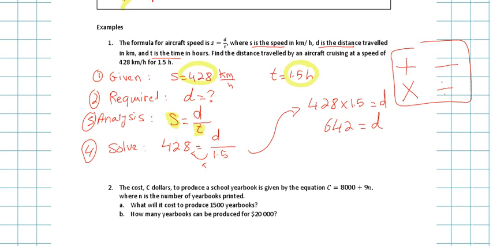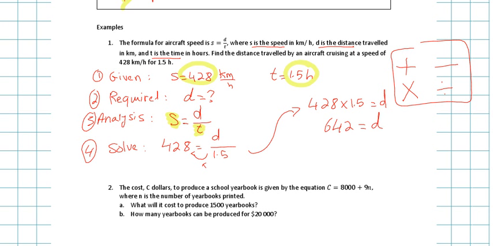When you are solving word problems that have units, you must include the unit, otherwise you're going to lose marks. Because that 642 could be kilometers, could be miles, could be feet, could be inches, could be anything. We have to make sure that we are specifying what unit it is, okay?